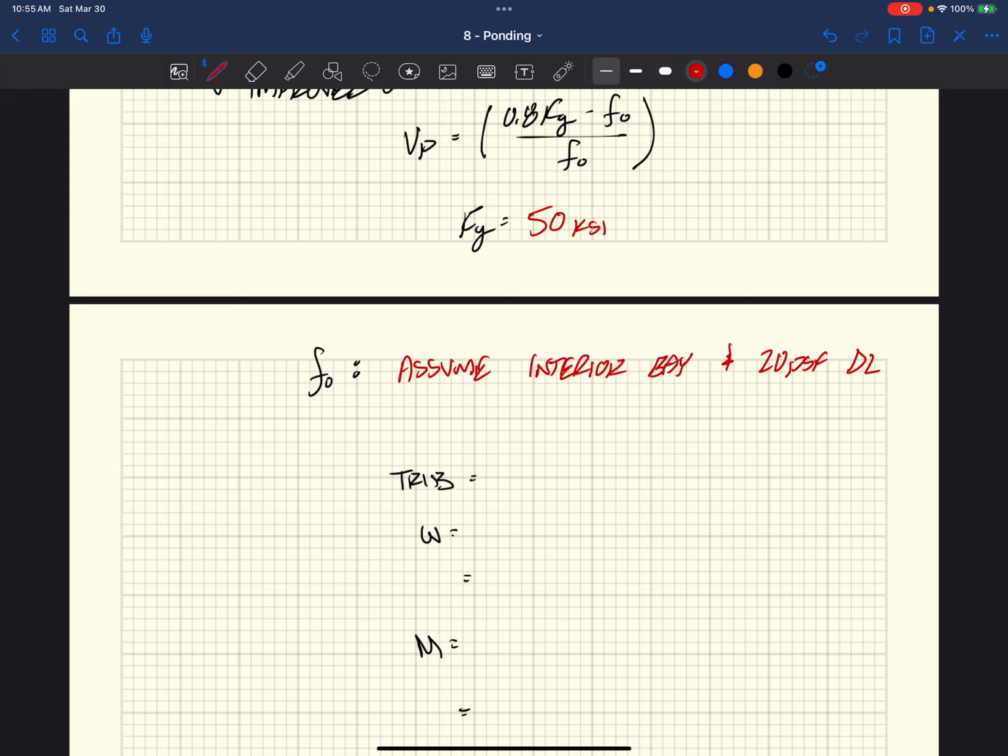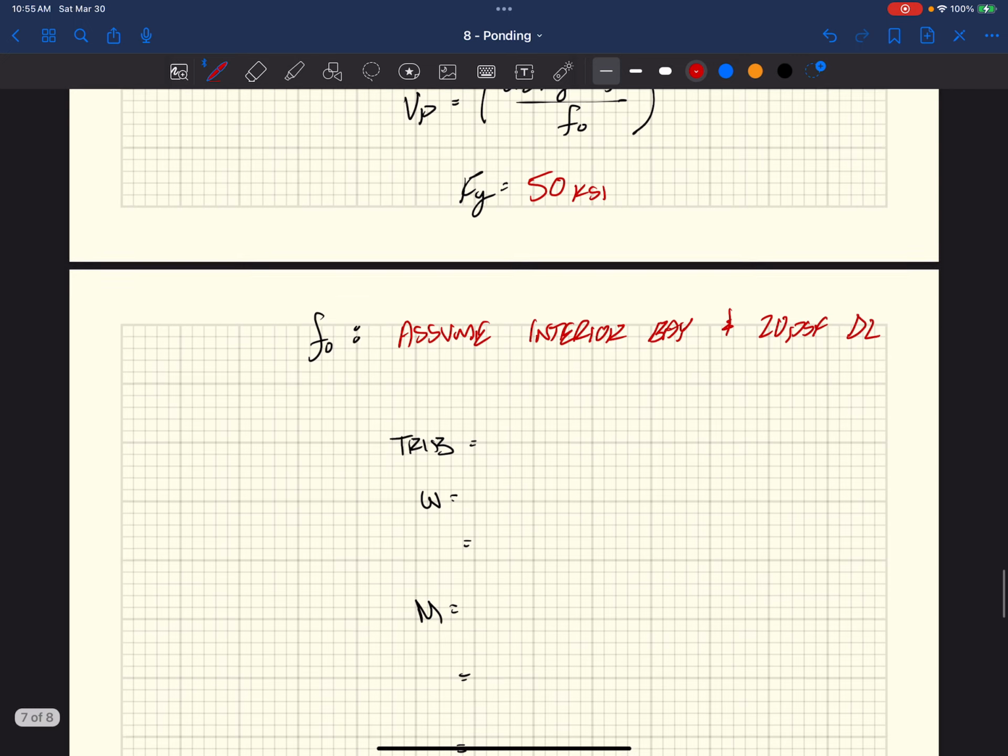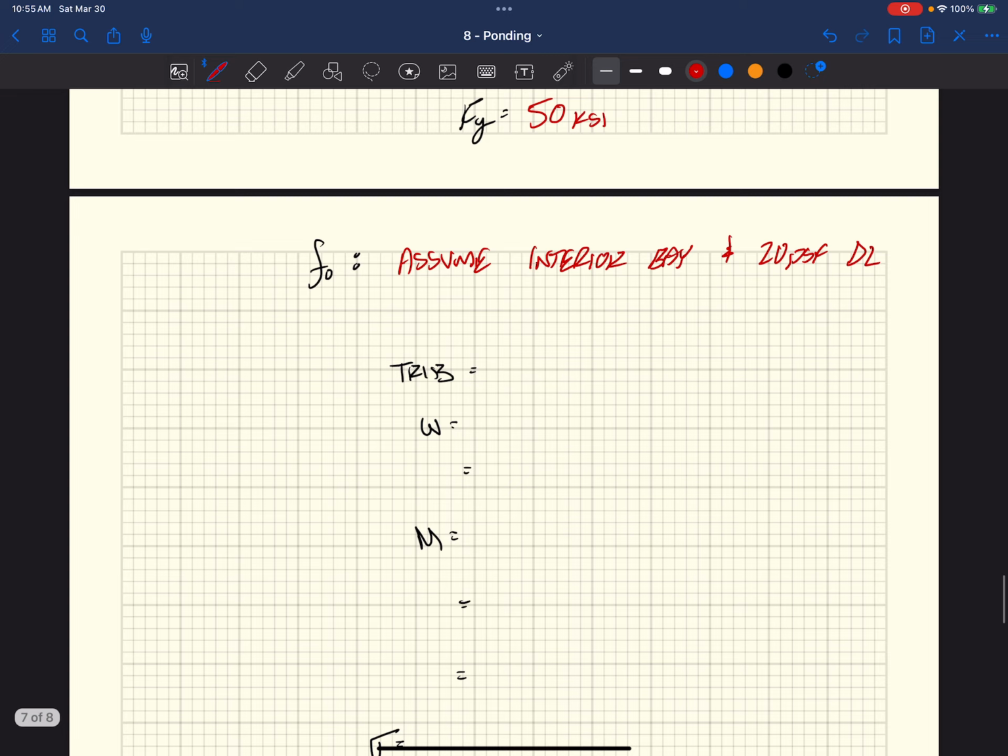I could either give you the dead load in pounds per square foot, or I could give you an assembly and then you could devise what that assembly weight is based on ASCE 7. So we have 20 pounds per square foot for a common dead load for a steel framing system. So dead plus snow is 20 plus 40, which is 60 pounds per square foot.